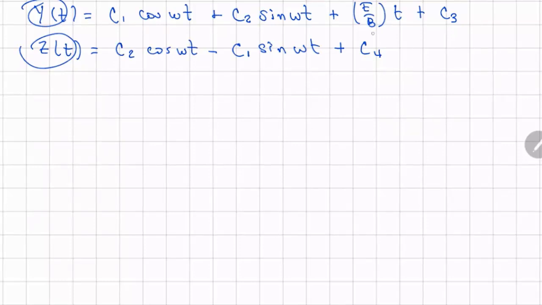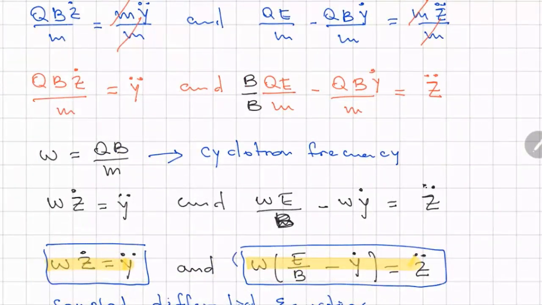But these two terms, especially this term E dividing B multiplying T, appears because originally we have to do a change of variable for this equation. But in this video I'm not doing that calculation, but you can write in the comments.